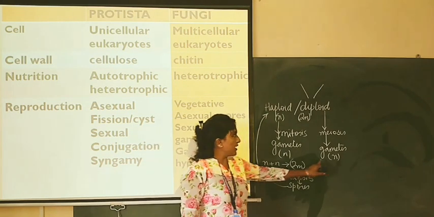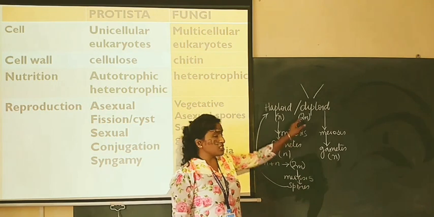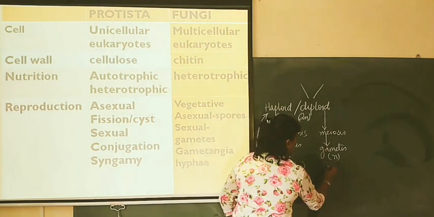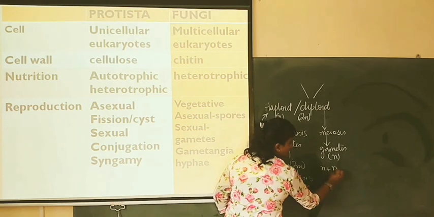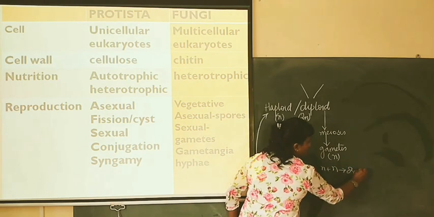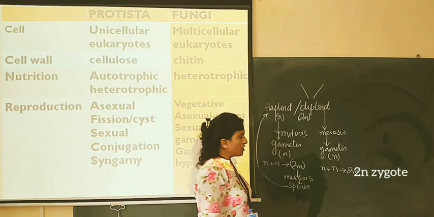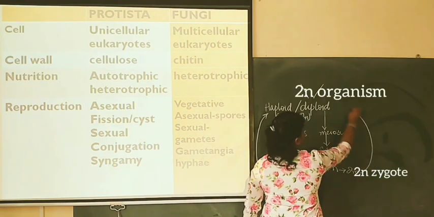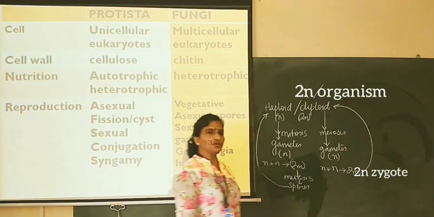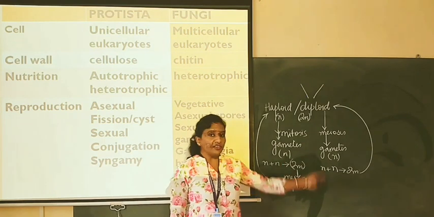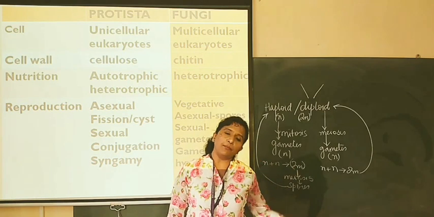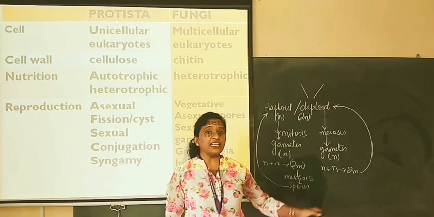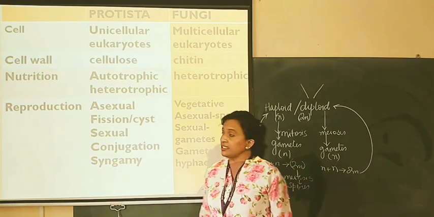Whereas in the organism which is already diploid, the union between the two gametes will give rise to a diploid zygote or diploid cell, and this will give rise to the organism. So we have to remember here that in kingdom Protista, the organism can be haploid or diploid, but gametes that are found will always be haploid in nature.